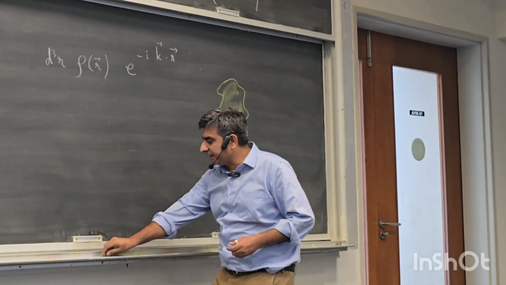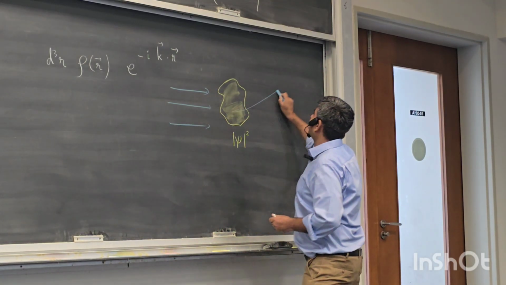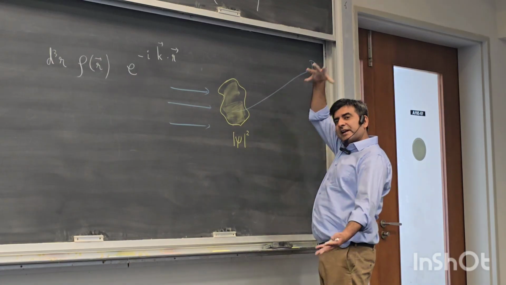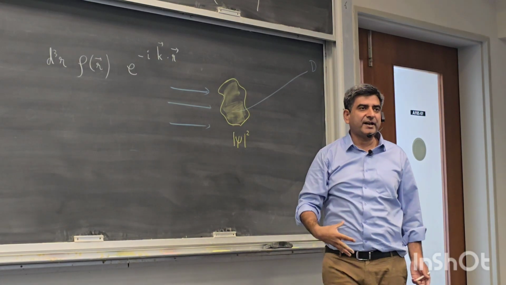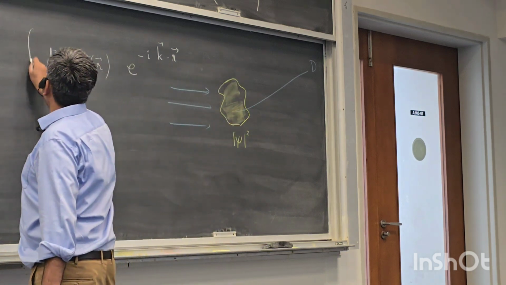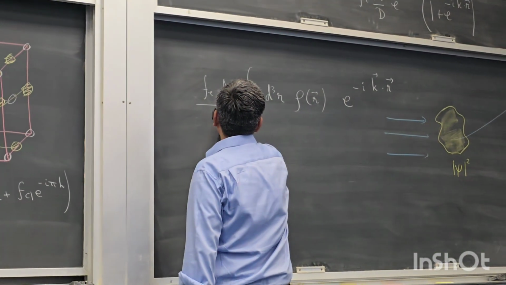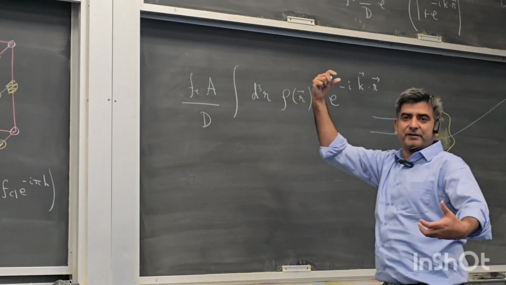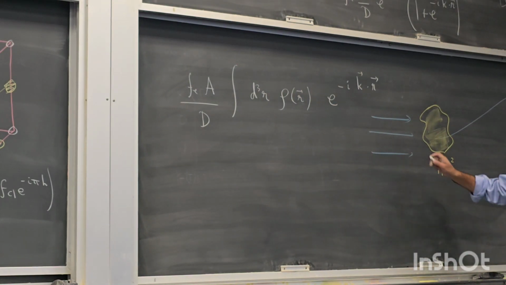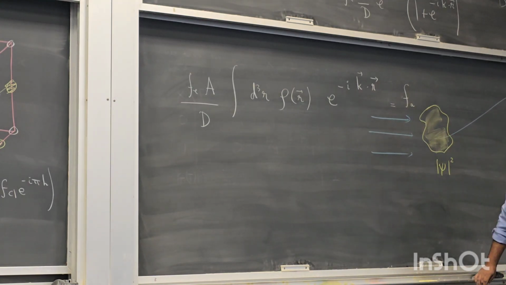Now you are shining X-rays on this, and you have a detector far apart, measuring the amplitude of the scattered waves from the electron cloud inside the atom. So this is your overall expression. You can multiply this with Fe and any other factors you like. A, capital D, is a geometrical factor. And this will give you some semblance of the atomic scattering factor Fa.